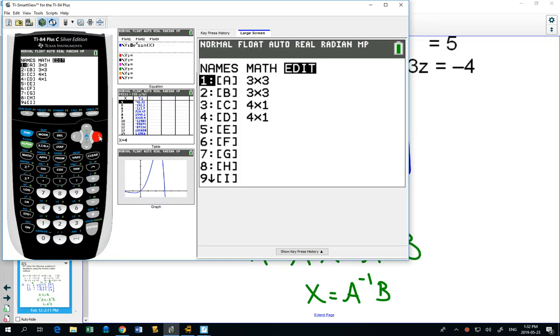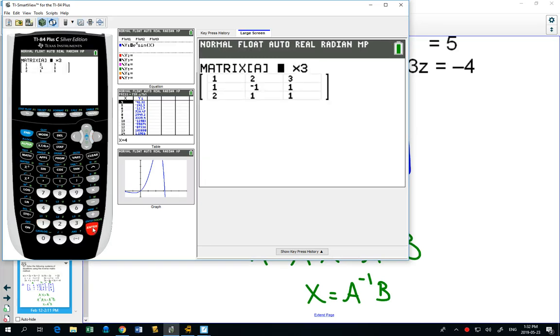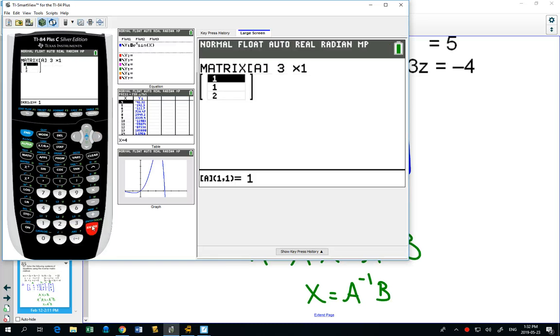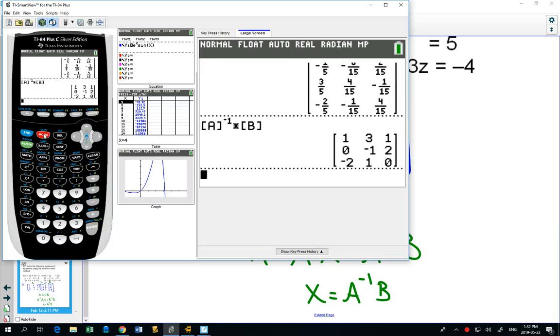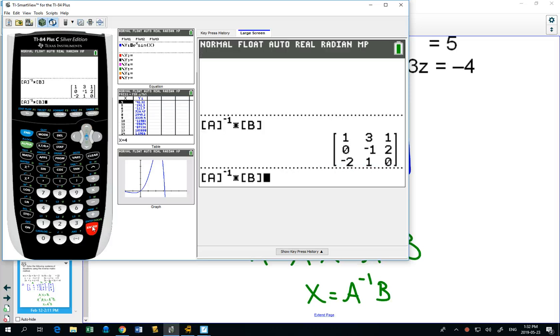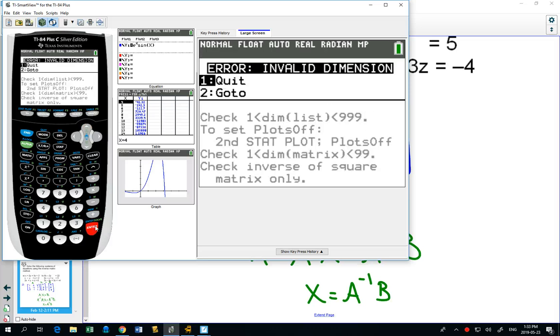And matrix B was a 3 by 1, 3, 2, 8. And once we have our matrices in our calculator, we can just go A inverse B. The nice thing is I have it typed right above me. So instead of retyping it, on some calculators you can just arrow up and highlight it and push enter. And it will do that calculation again.